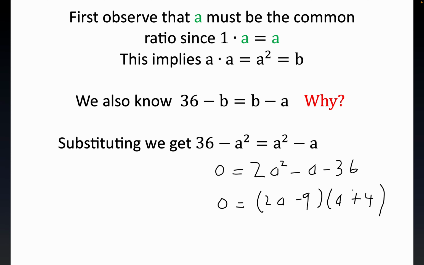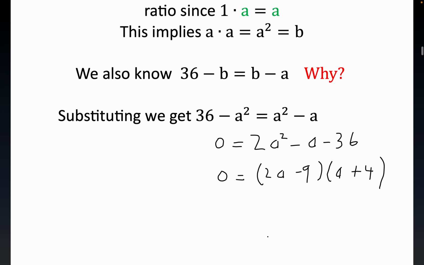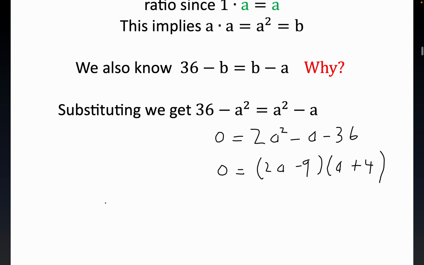Minus 9 times 4 is minus 36. Then minus 9a plus 8a gives you the minus a that you see right here. So we have two circumstances here. We have a equal to 9/2.